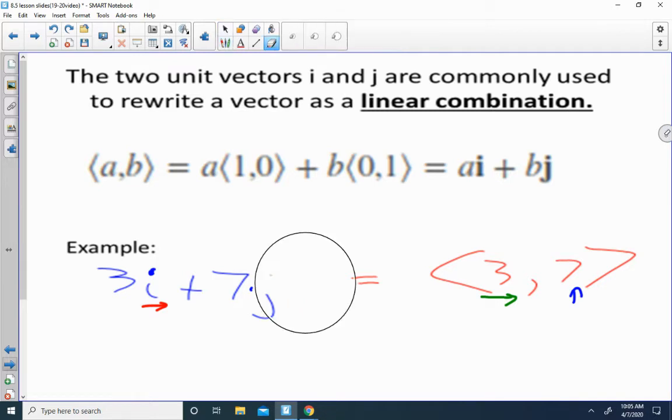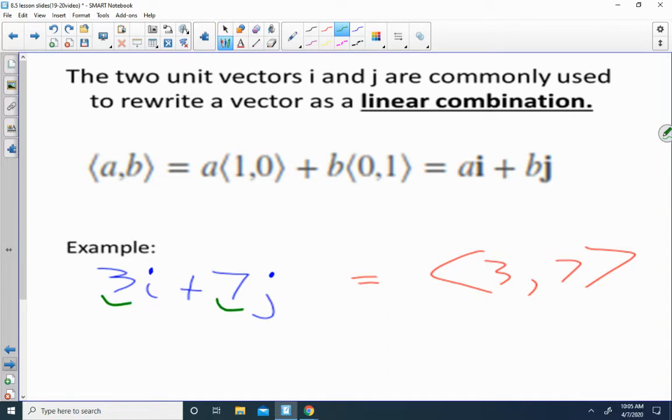So if you think of it that way, this notation actually just translates into your normal component form notation. Basically, take the 3 and take the 7, and those would be the numbers in your component form, 3 and 7. If you think of it that way, it actually makes it easy to understand what's going on here. But this notation is also very helpful when we need to draw some triangles, as I'll show you in the next slide.